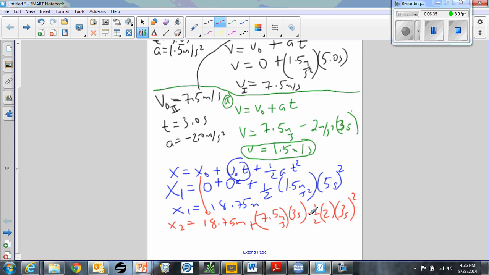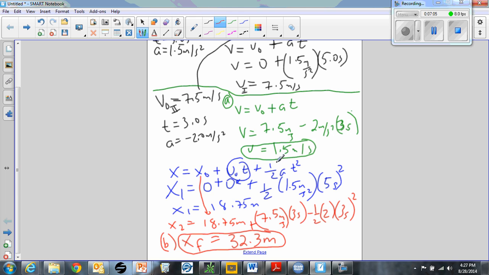This minus is here because that's a -2 meters per second squared. If you do the math all the way across, you get the final total distance as 32.3 meters. So that's B.